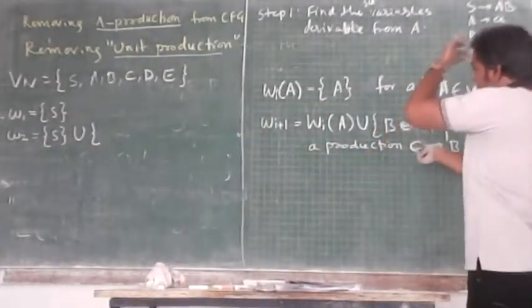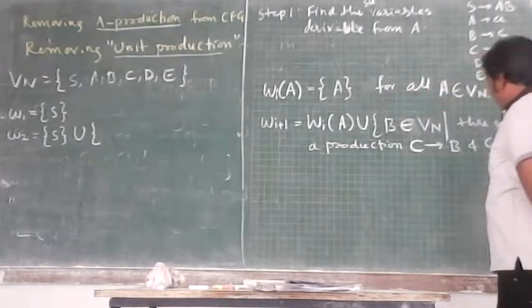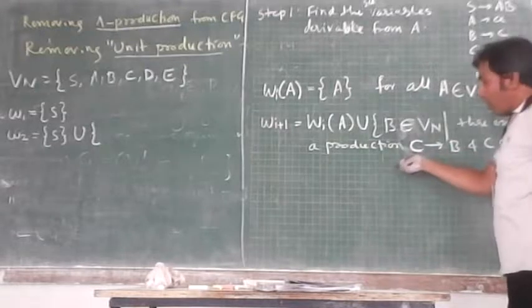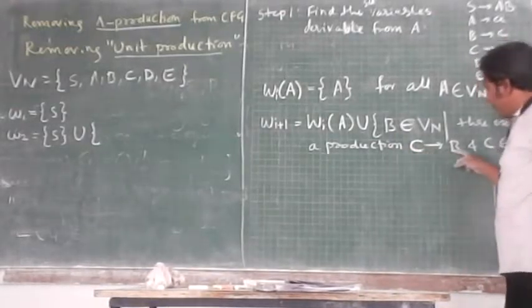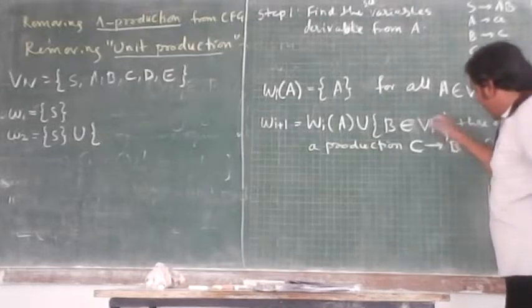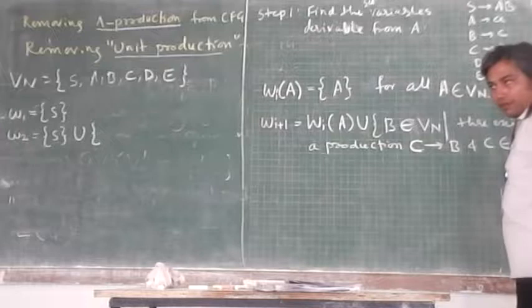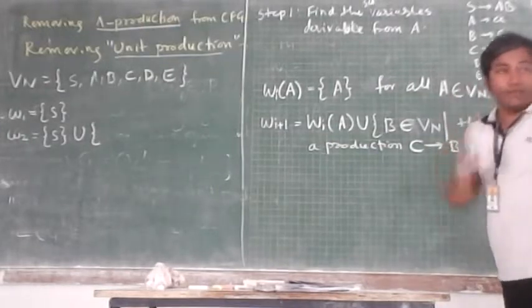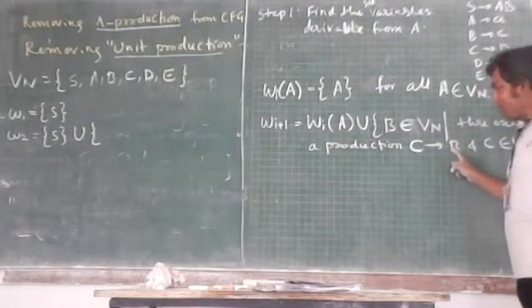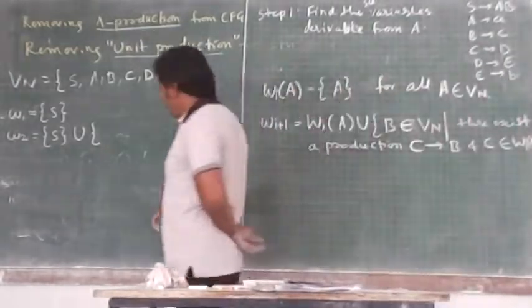The additional variable B should belong to Vn, and the property B possesses is that there exists a production C implies B, and that C should belong to the previous set. If that is the case, B will be included into the working set.